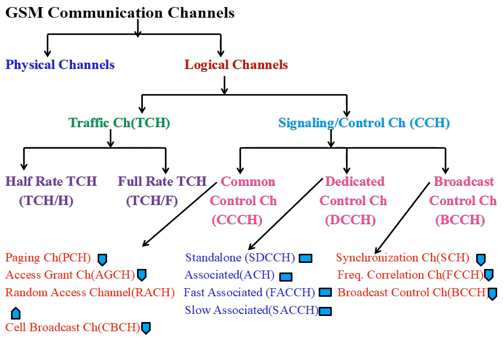Access grant channel is used by the base station to provide forward link communication to the mobile station and carries the data which instructs the mobile to operate in a particular physical channel. It is used to establish the connection with the desired mobile station for the communication.